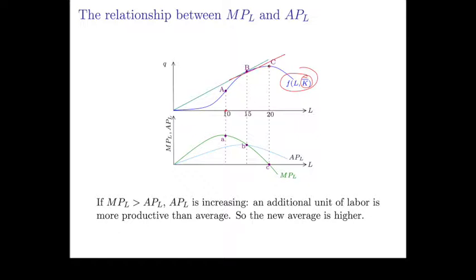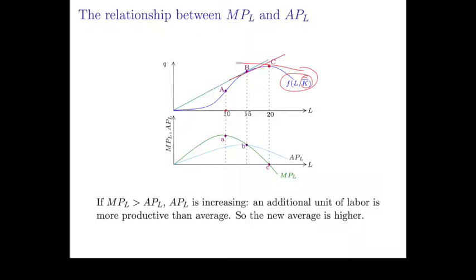Again, we go to this blue curve, which is given by the production function, and we take the tangent to it, and we look at the slope of that tangent. The slope of the tangent tells us what the marginal product is. So that's graphically how we represent the marginal product.